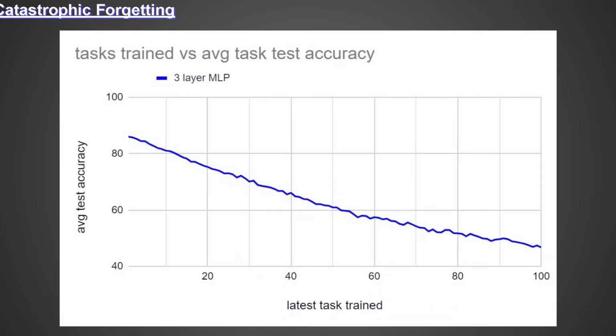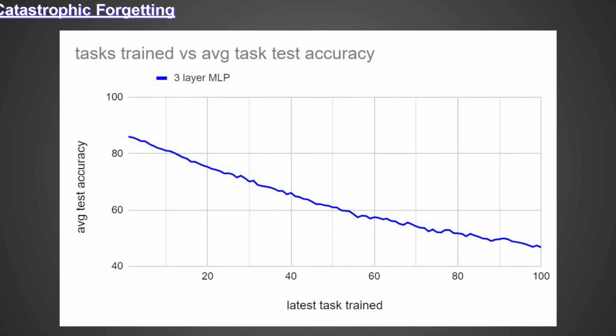Okay, so we've gotten through all three of the things that I used to mitigate what's called catastrophic forgetting. So this is a good example of what catastrophic forgetting is with a normal, typical neural network. What we're seeing here as we move across the x-axis is that we've trained this 3-layer MLP on more and more tasks.